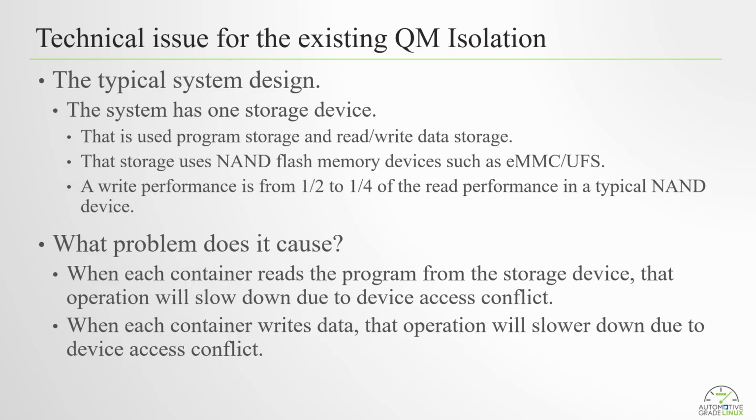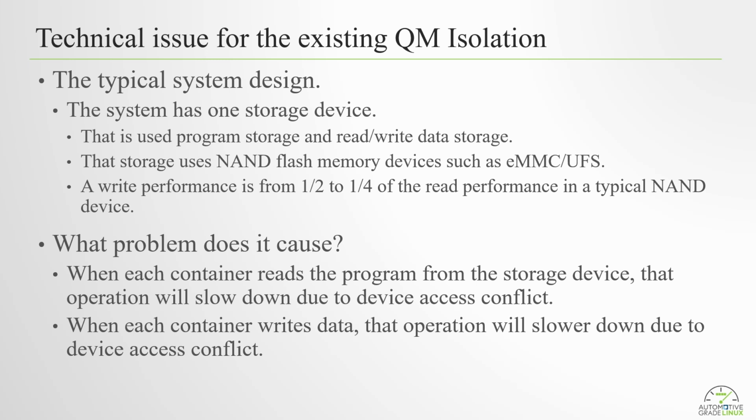In a typical system design, the system has one storage device that is used for program storage and read-write data storage. That storage uses a NAND flash memory device such as eMMC or UFS. Write performance is a half or a quarter of the read performance in typical NAND devices.